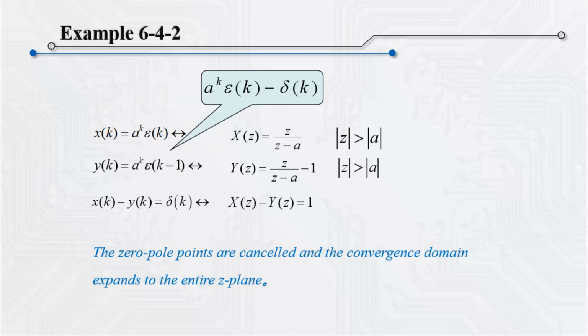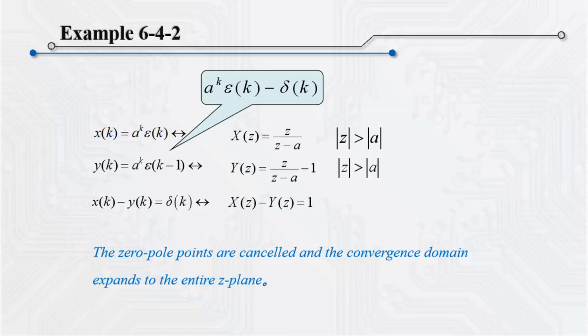Let's take a look at this corresponding example given three sequences. First, look at the first sequence. The transformation form is the most basic form of causal sequence. The modulus of Z greater than the modulus of A is its convergence domain. We can see the second sequence. Its form can be expressed as a causal sequence minus such a form of delta of k minus 1.